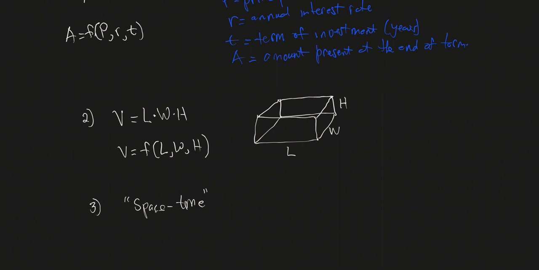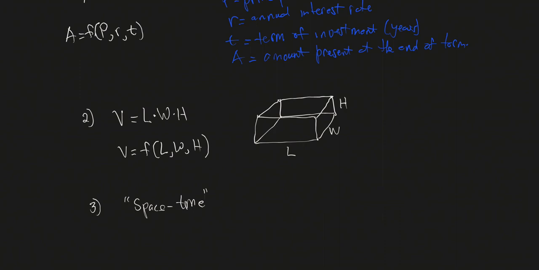But this idea of space and time. In essence, one fundamental concept from his theory of relativity is the state that an object is in, and think about its motion.